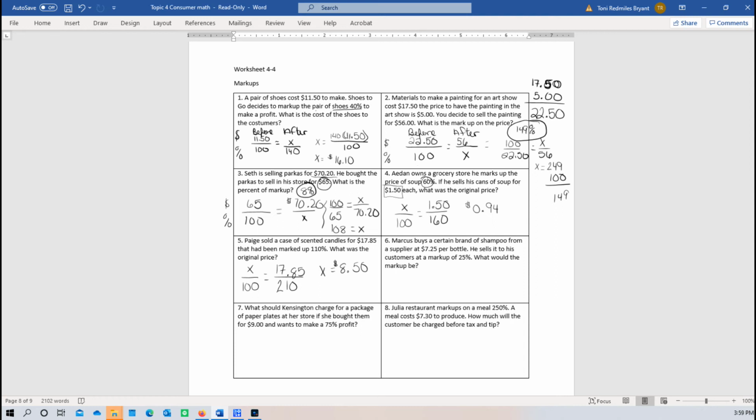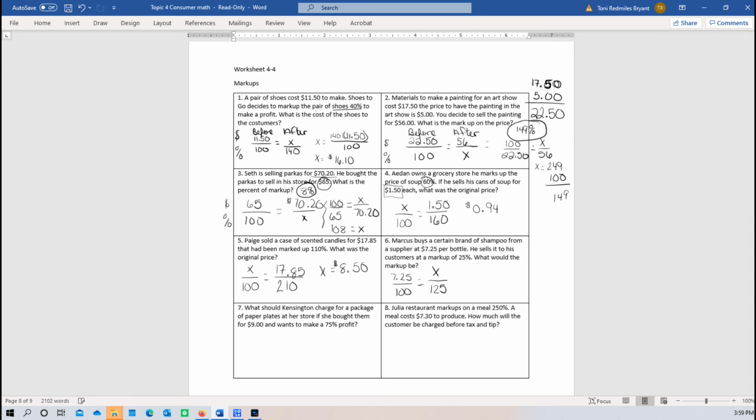Marcus buys a certain brand of shampoo from a supplier at $7.25 a bottle. He sells it to his customers at a markup of 25%. What would the markup be? Well, we know the original cost of the shampoo, which is 100% of what we bought it at. But the consumer is not only going to pay this, but 25% more, so 125%.